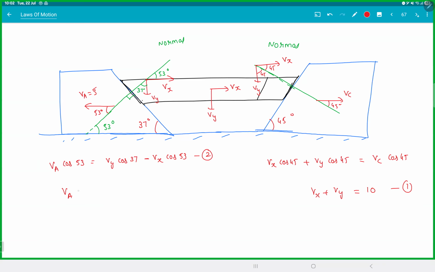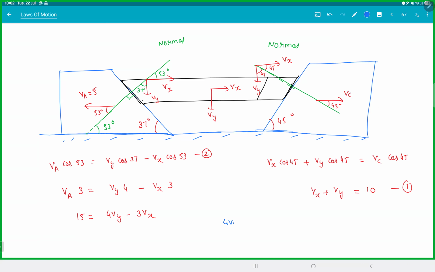So what's cos 53? 4 by 5, 3 by 5. Cos 37, 4 by 5. This is also 3. So this is a 15, which is 4Vy minus 3Vx. There we have two equations, two unknowns. So you can simplify this. So take Vx here and substitute.